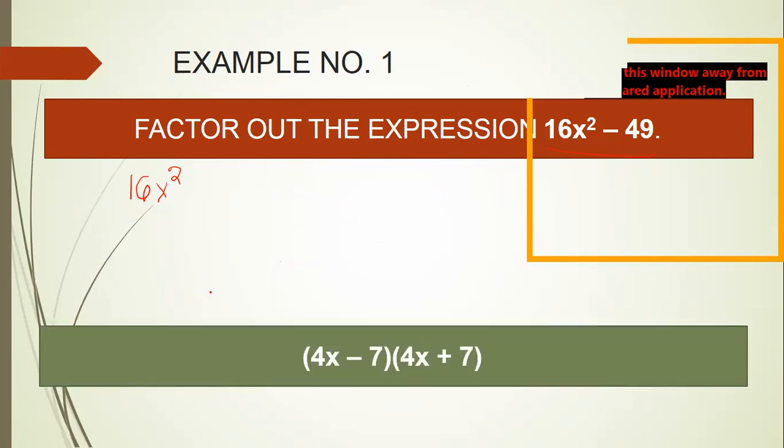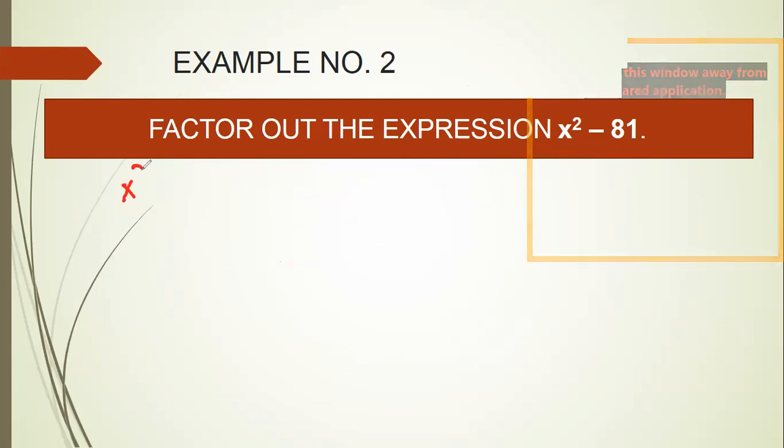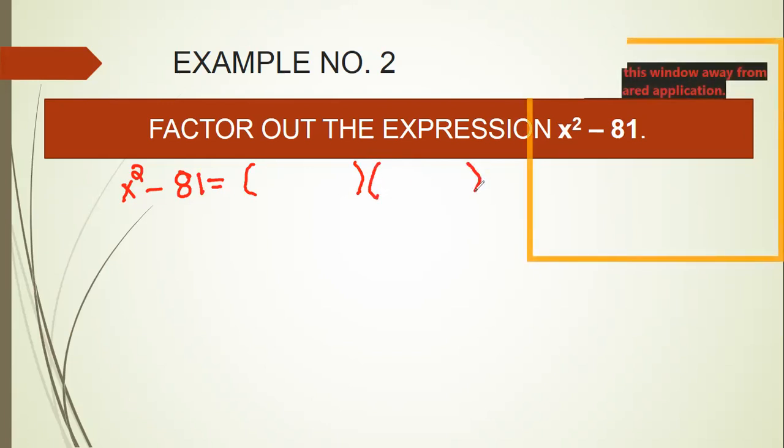Okay, the answer is there. So we're asked to factor the algebraic expression x squared minus 81. I'm going to rewrite the expression. This is x squared minus 81. We can easily factor x squared because the only factors of x squared are x and x.